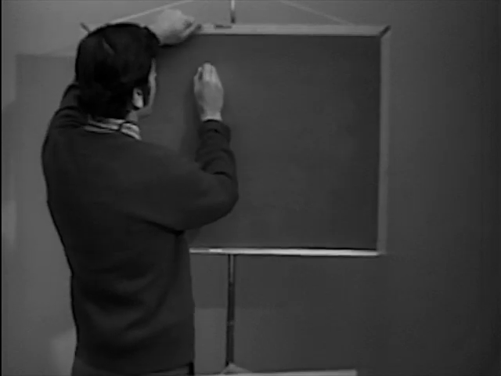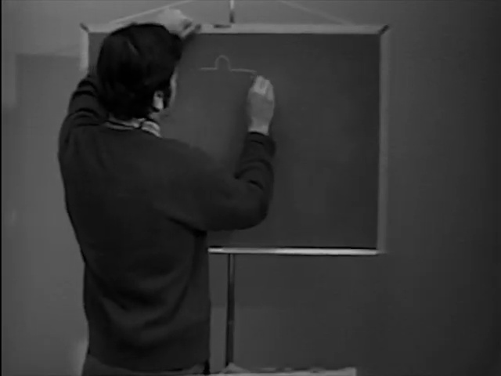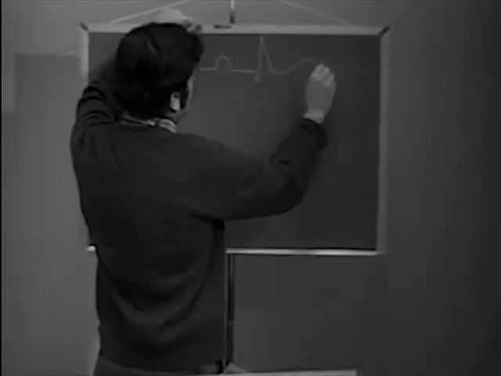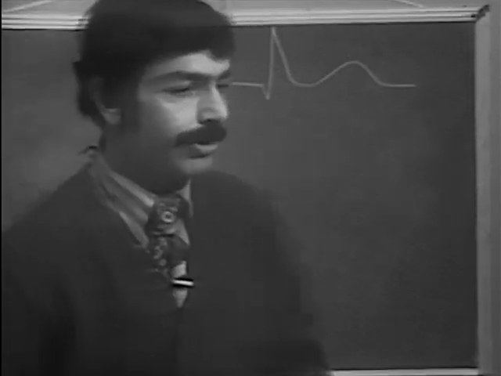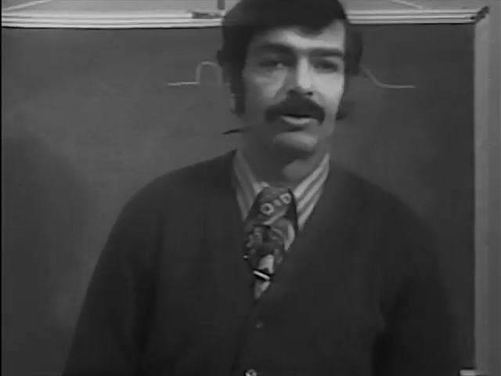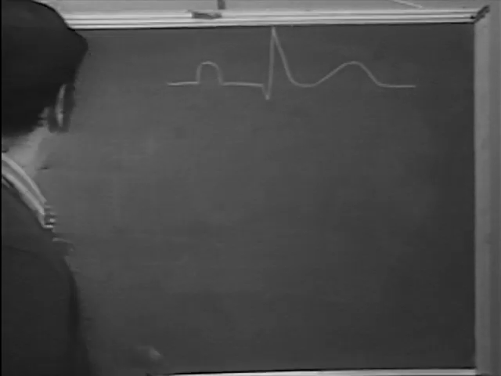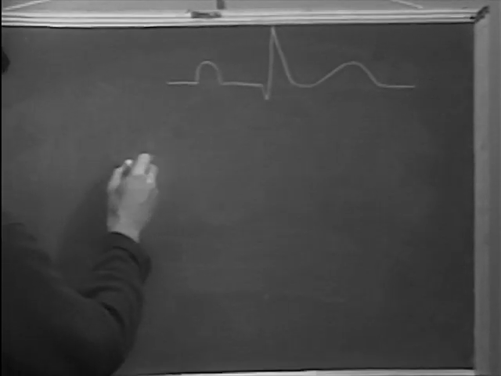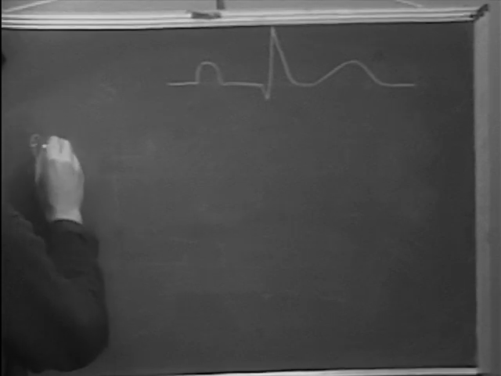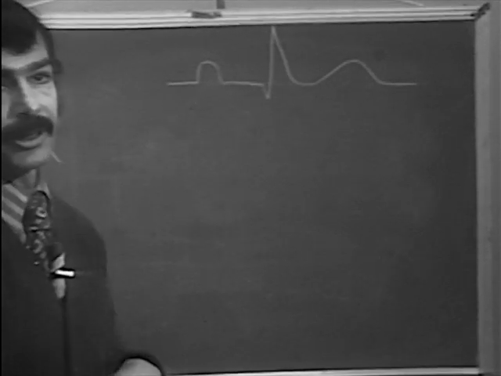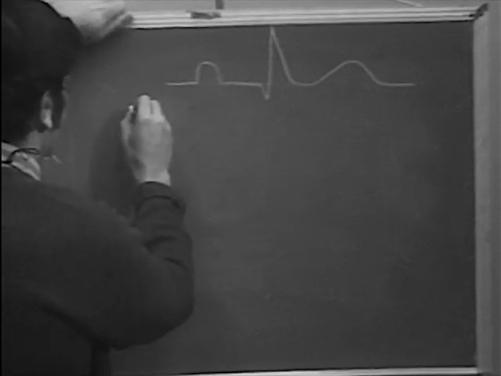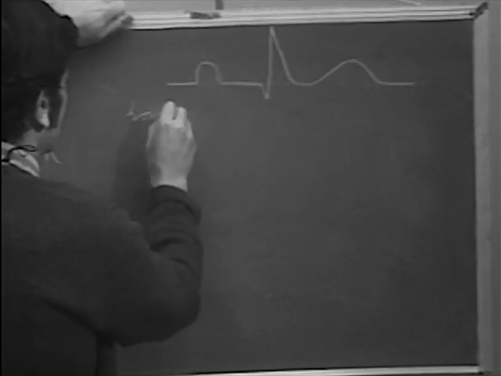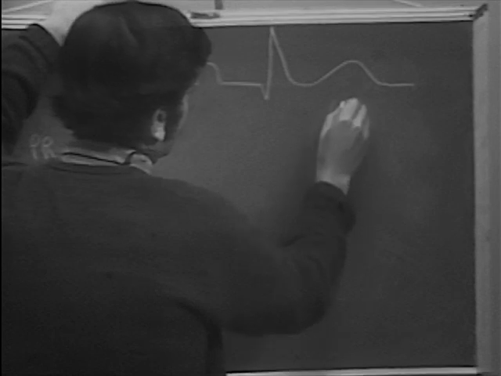Okay, here is our normal electrocardiogram. What are some of the important intervals that we need to know in the electrocardiogram? Well, one of them is the PR interval. All right, let's make up a little table now. We have a PR interval, we'll have a lower limit of normal, and we'll have an upper limit of normal.